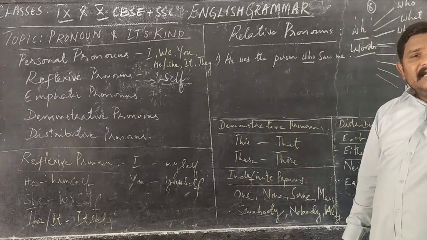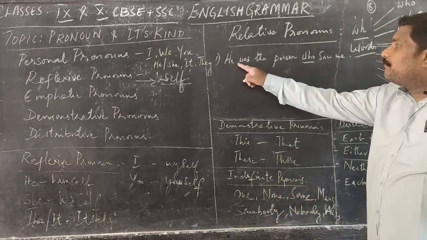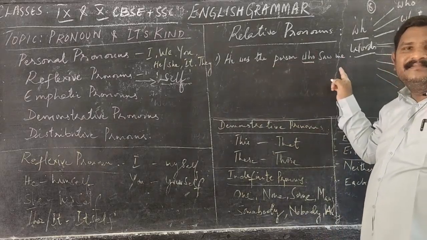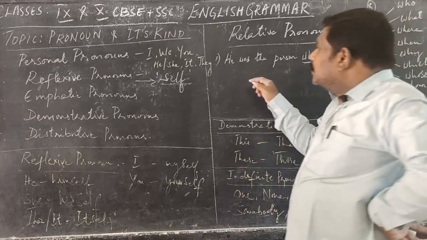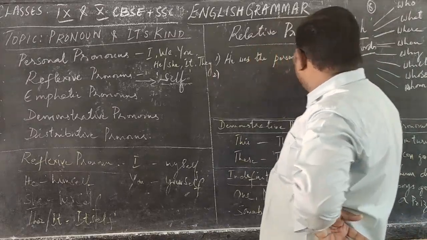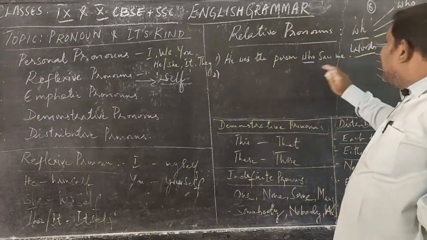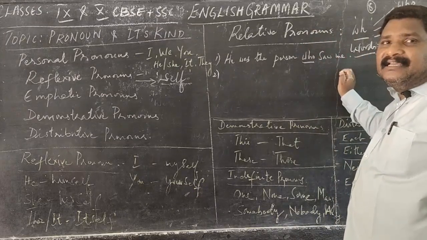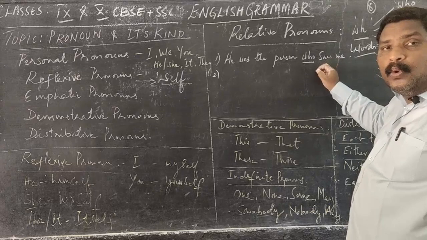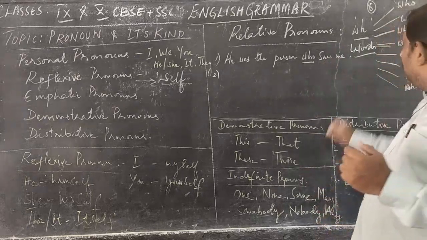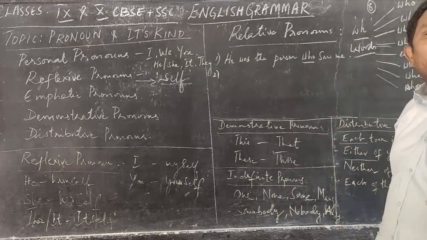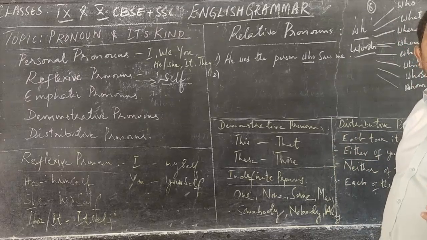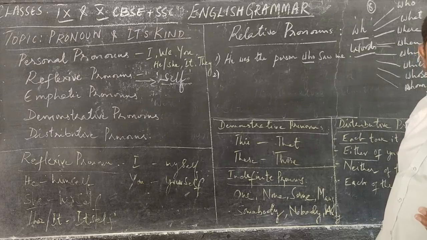In this sentence you are seeing, he was the person who saw me. Now the usage of who is to indicate some noun in the sentence. Generally, WH words are for questioning, like who are you, what are you doing, where are you going, why are you sleeping.